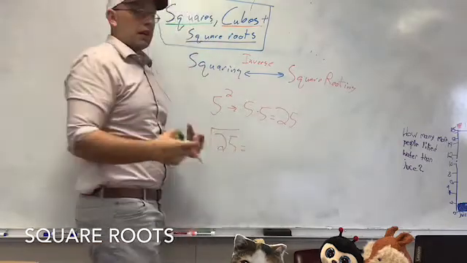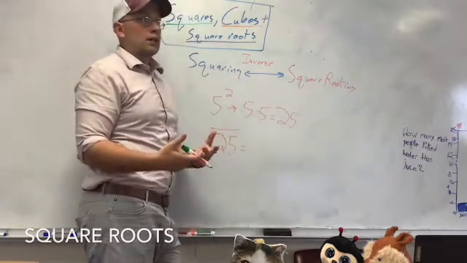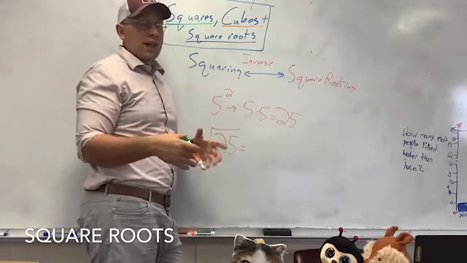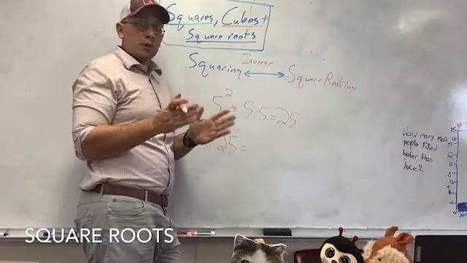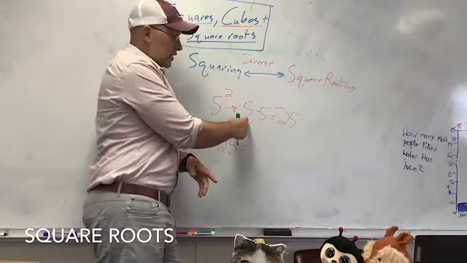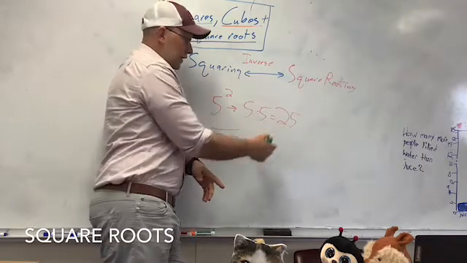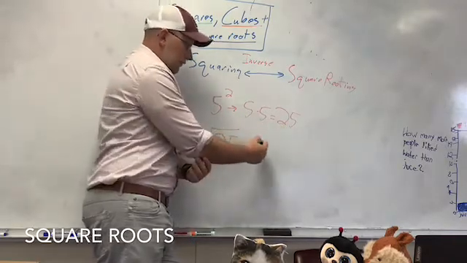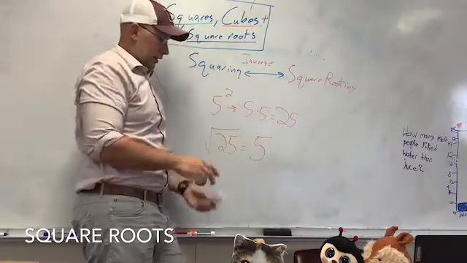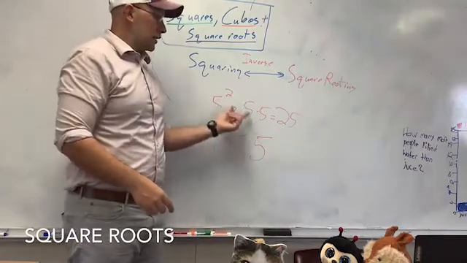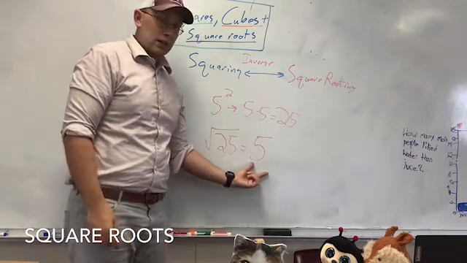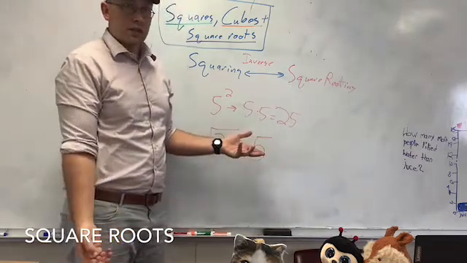When you square root a number, you're looking for something that would actually make a real square, like a 5 by 5, 4 by 4, stuff like that. You're looking for the same number multiplied by itself. So in this case, 5 times 5, which gives you 25. So the square root of 25 is 5. So 5 squared is 5 times 5 equals 25. The square root of 25 is 5. Inverse operations.